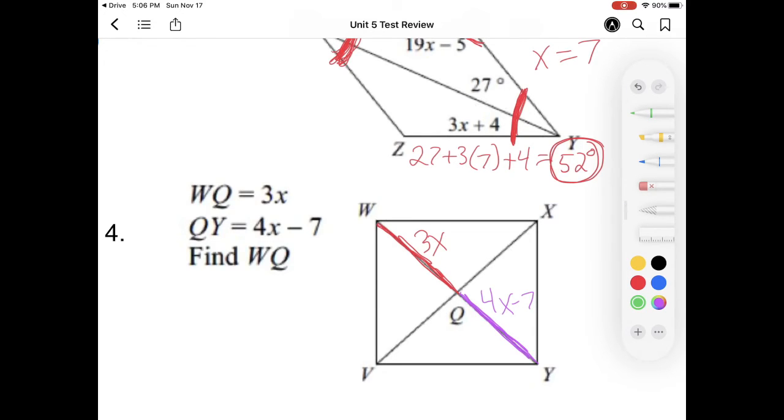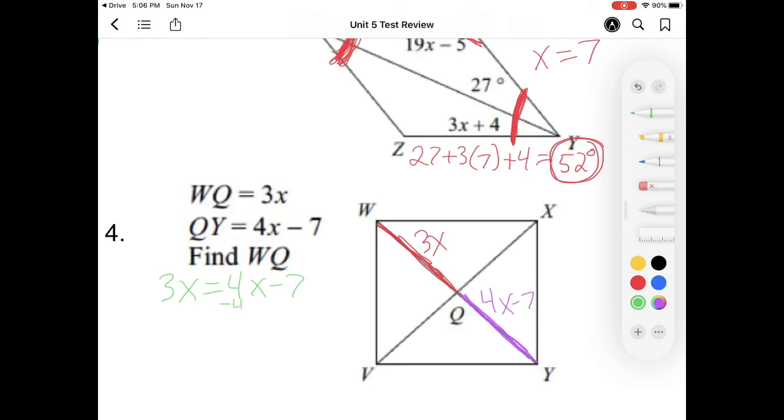Both lines that we were just given are congruent to each other. The reason why is because they are bisected by the other diagonal. So we have 3x equals 4x minus 7. We're going to move the x's to the same side.